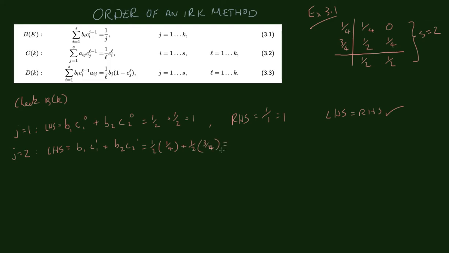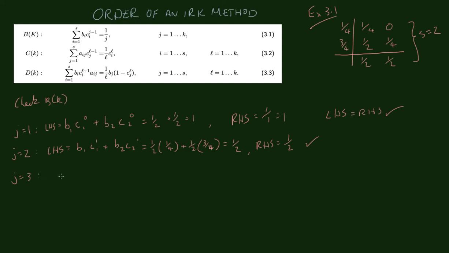Okay, so that's going to be 1/8, and that's going to be 3 over 8. So that's going to be 1/2. So do the same for the right hand side. It's going to be 1 over 2. So right hand side is 1/2. So you can see left hand side is equal to right hand side.